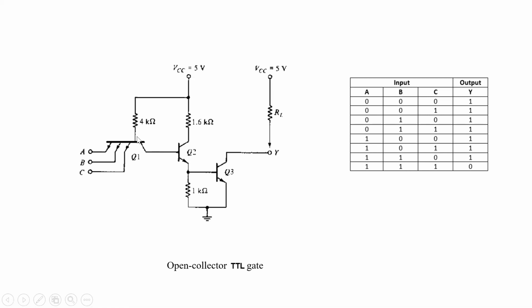Then transistor Q2 becomes on, because when Q1 is off, the potential here will be the open circuit voltage, so this voltage is high. That voltage is more than enough to turn on transistor Q3. So transistor Q3 is on, and the output will be low when all the inputs are high.